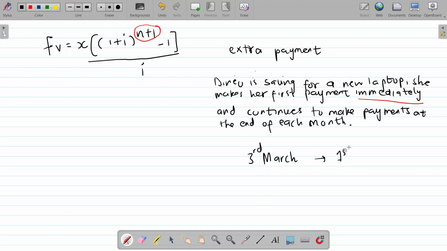That's the first payment. And then she continues to make payments at the end of each month, implying that her second payment is going to be at the end of March, which is the 31st of March. That's her second payment. Her third payment is going to be at the end of April.